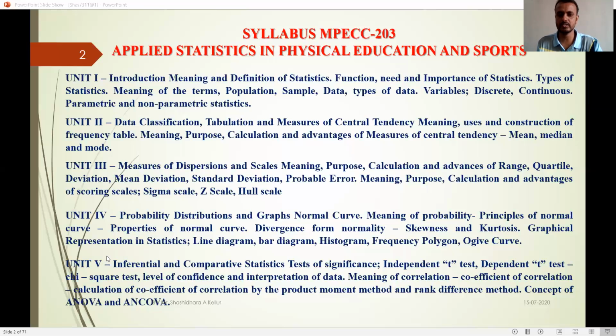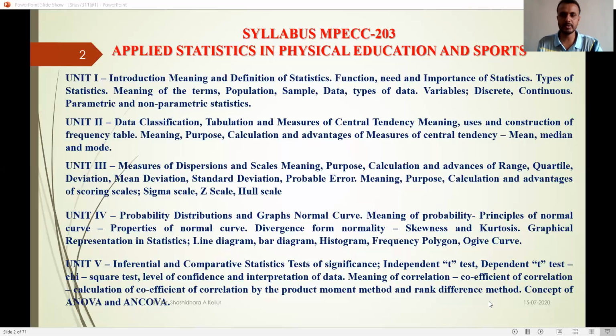Then the final and last unit, that is the fifth unit, covers inferential and comparative statistics, tests of significance, independent t-test, dependent t-test, chi-square test, level of confidence, the interpretation of the data, meaning of correlation, coefficient of correlation, calculation of coefficient of correlation by the product moment method and rank difference method, and the concept of ANOVA and ANCOVA.